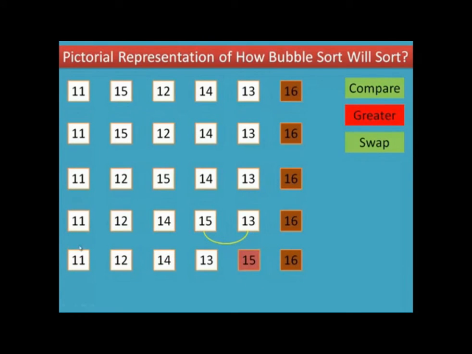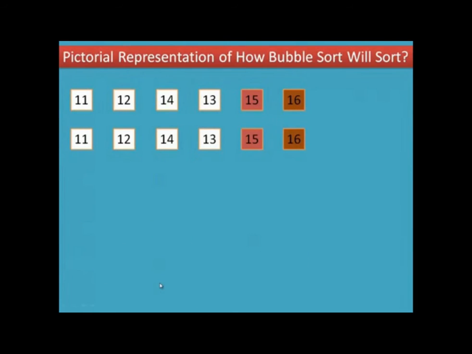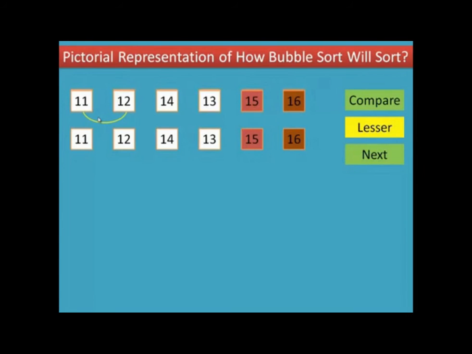Now we have to swap only within this set of elements. Comparing 11 and 12, 11 is less than 12, so no swapping here. Comparing 12 and 14, 12 is less than 14, so no swapping.